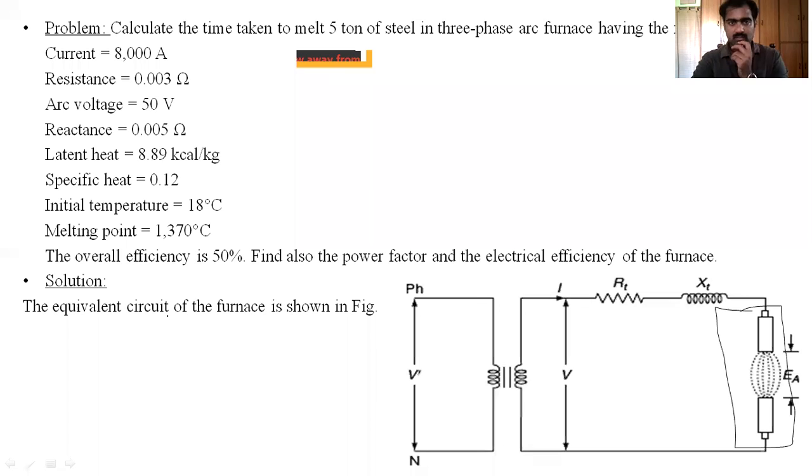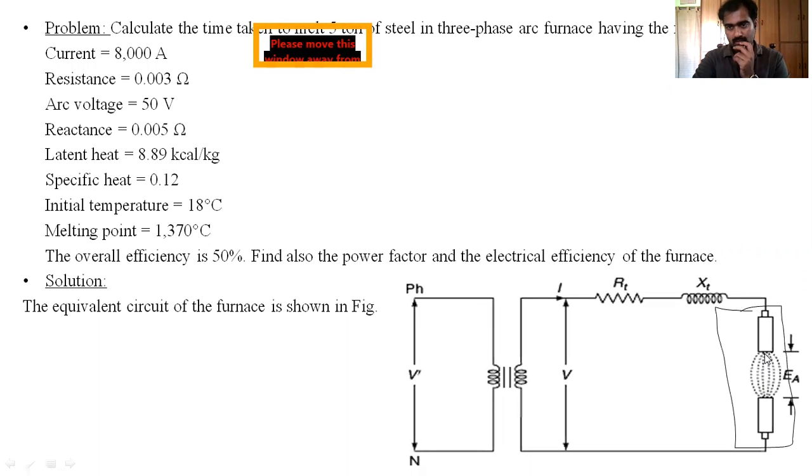I enabled the chat box. You can give your answers in the chat box. From this equivalent circuit, can you identify? Yes, this is an indirect arc furnace.